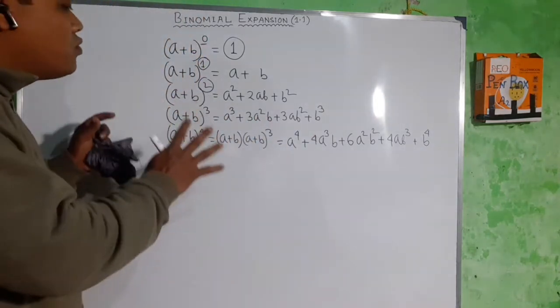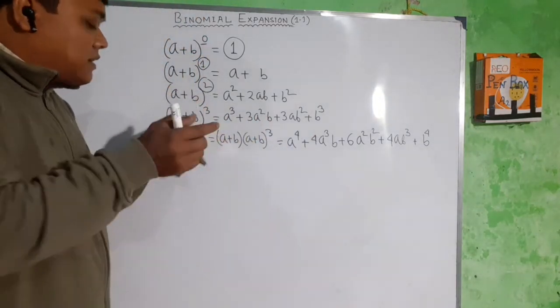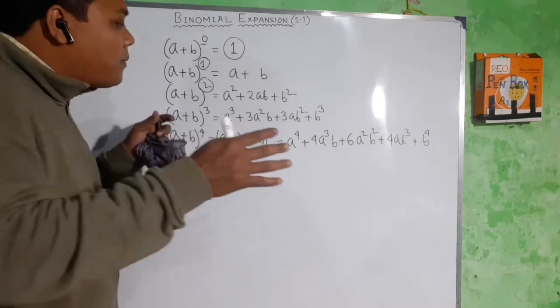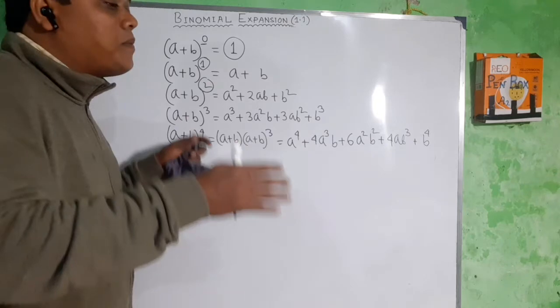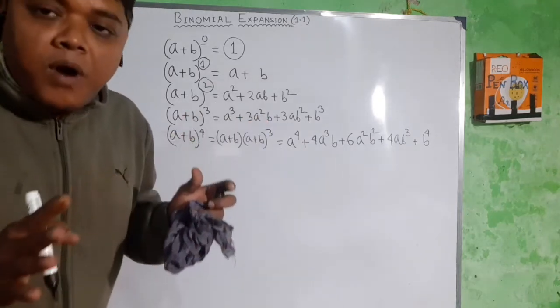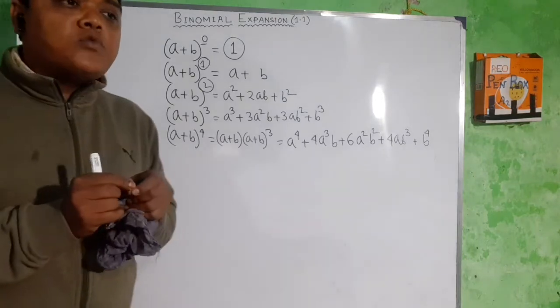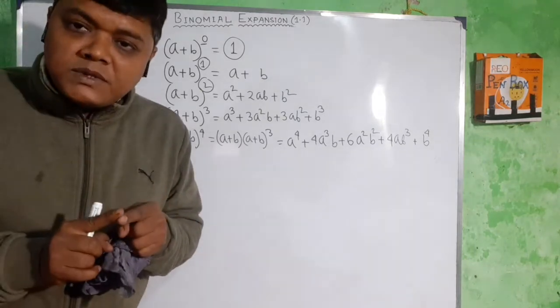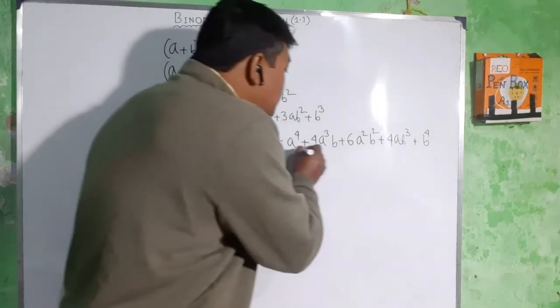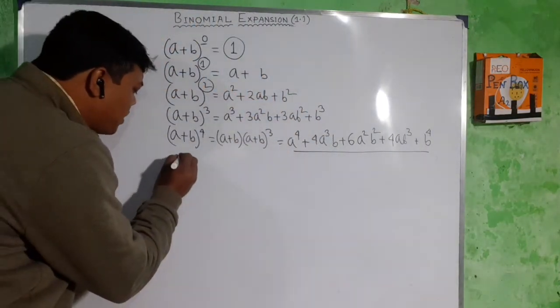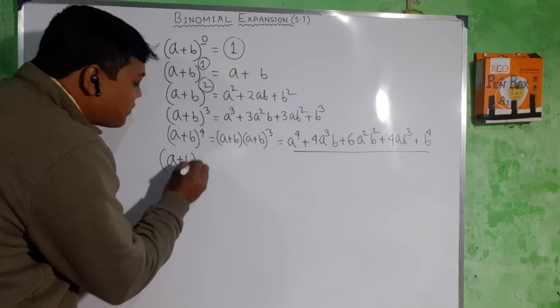Expansion means you multiply the same thing repeatedly, and after repeated multiplication you get the required result. So a plus b whole to the power 4 means you multiply repeatedly 4 times, and then the required expression is this. Similarly, you can calculate a plus b whole to the power 5.